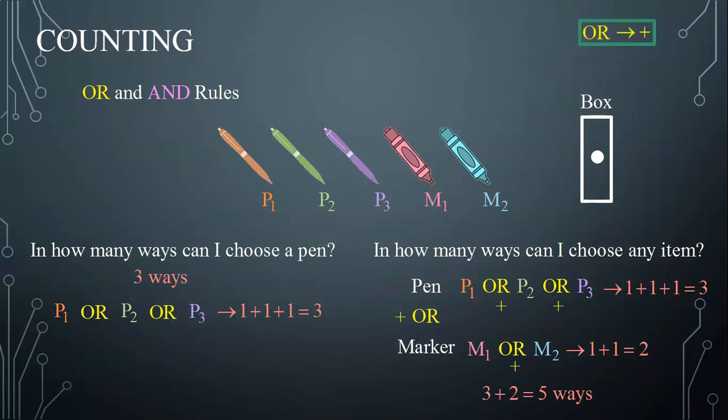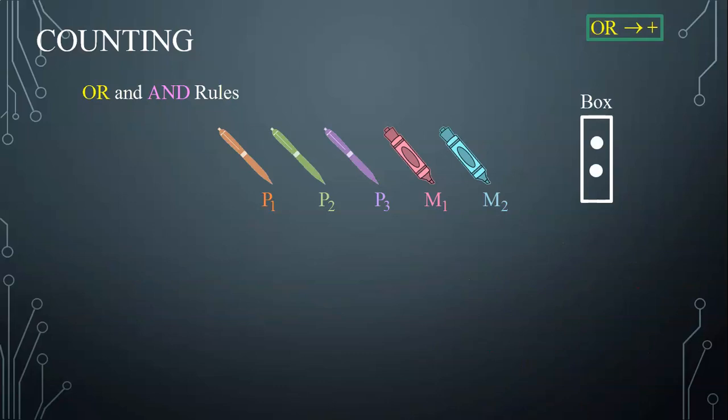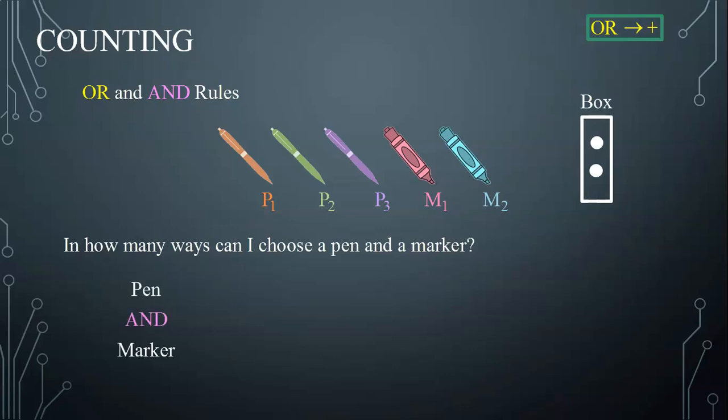Now let us put that OR rule aside. And suppose now I want to place 2 items in my box. In how many ways can I choose 1 pen and 1 marker? As I want 1 pen and 1 marker, to choose 1 pen, I can choose again P1 or P2 or P3.